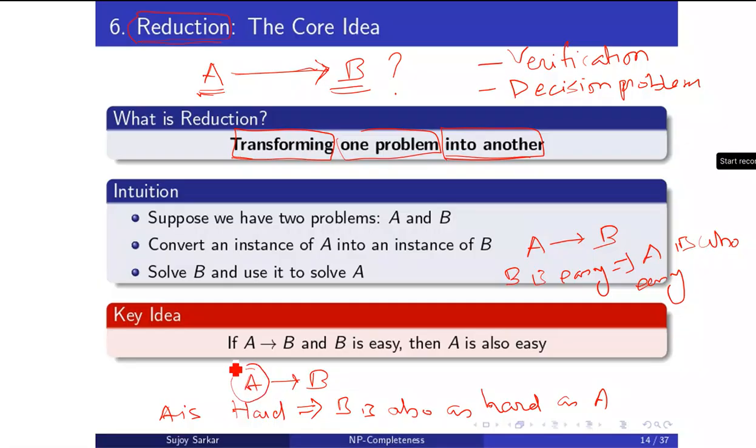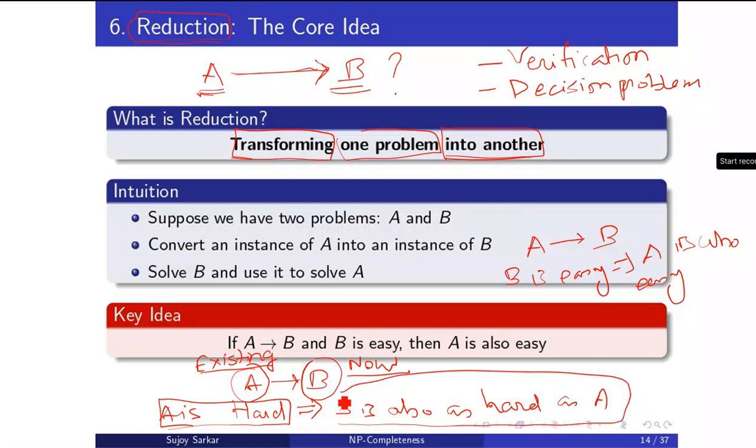But this is transforming. This is an existing problem. This one is a new problem. So we are transforming an existing problem into a new problem. And we are saying if the existing problem was hard to solve, the new problem also must be as hard as the existing problem.